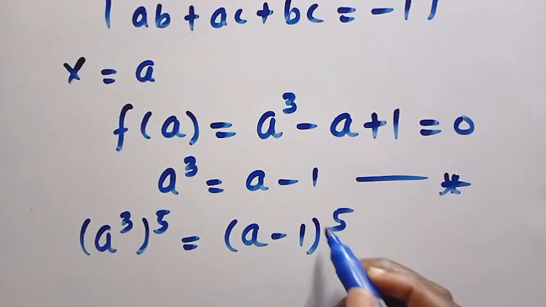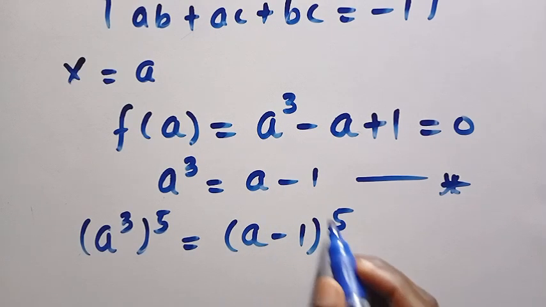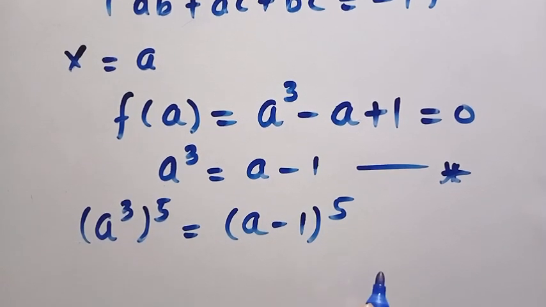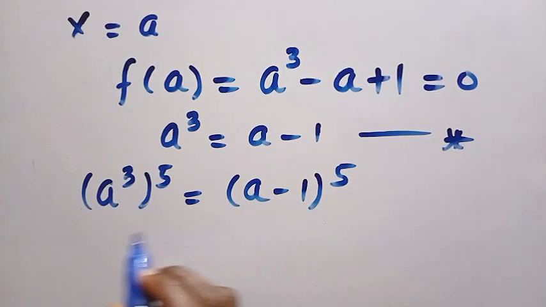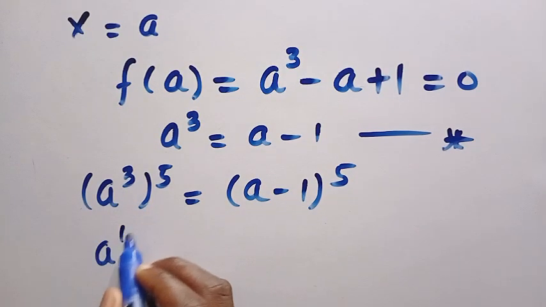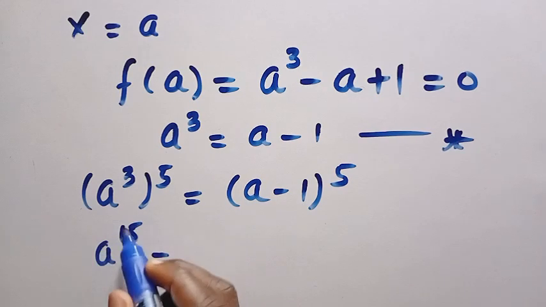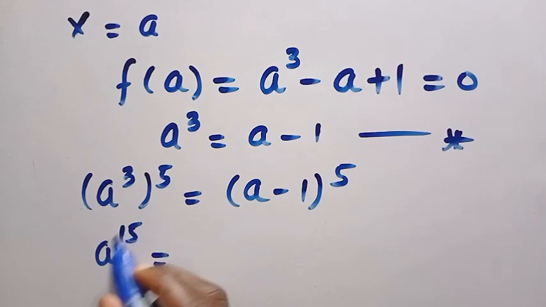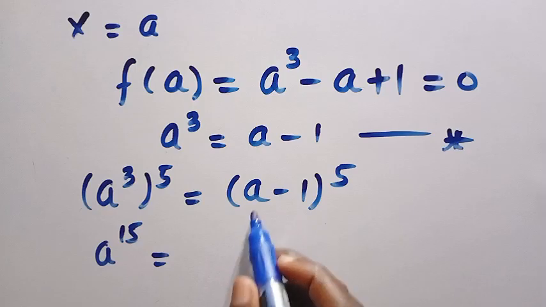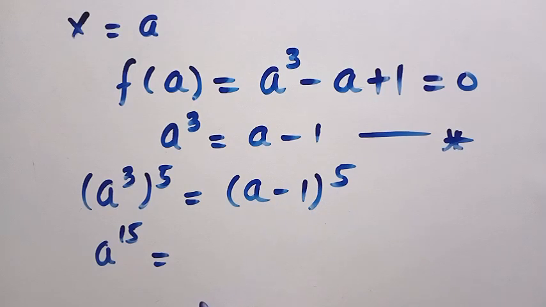By Pascal triangle coefficients, when we expand a minus 1 raised to the power 5, we get a raised to the power 15, which is not up to a raised to the power 16. But let's find a raised to the power of 15 first, which is a minus 1 raised to the power of 5.